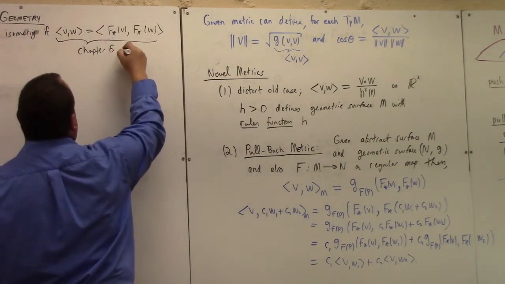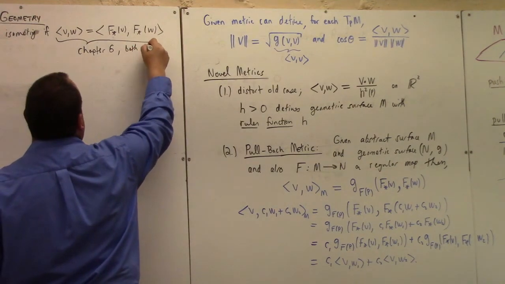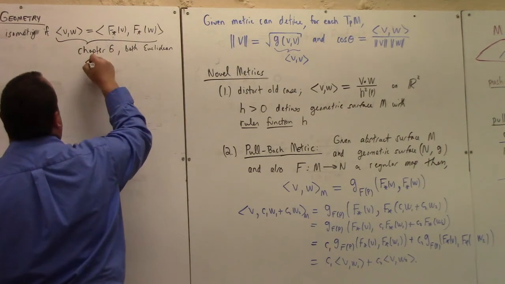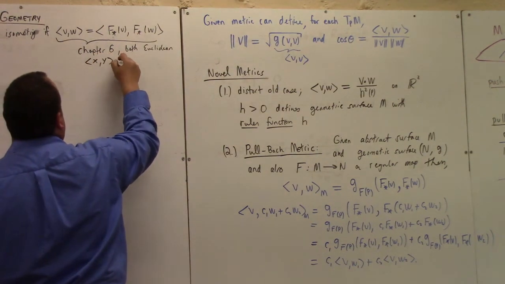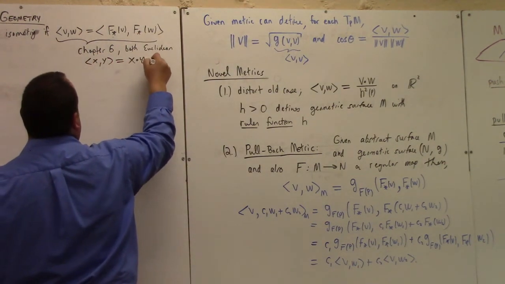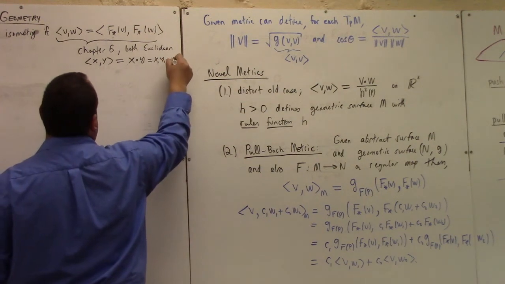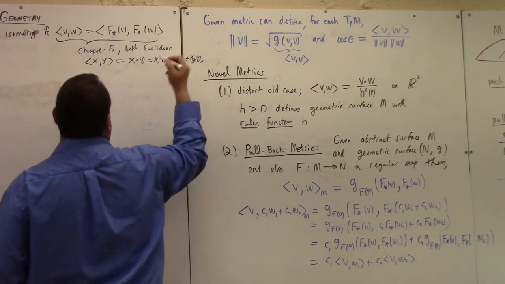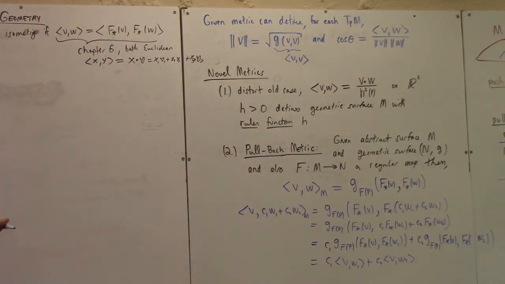So these are both Euclidean. This notation is just shorthand for x dot y, which is x1 y1 plus x2 y2 plus x3 y3. This is straight up dot product of vectors. We're moving past that now.